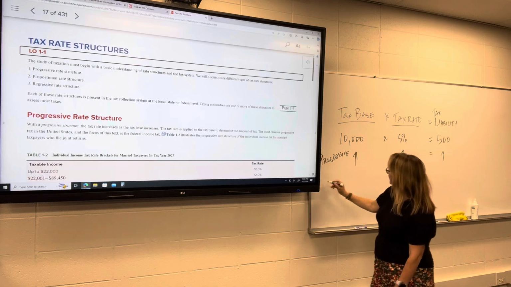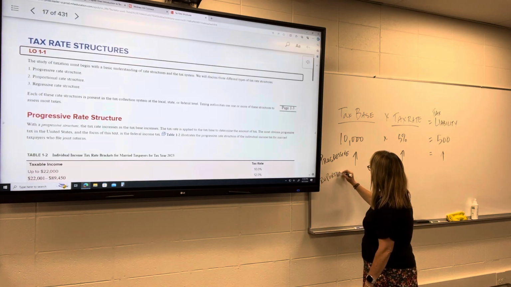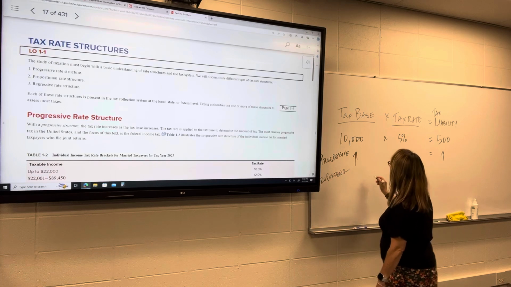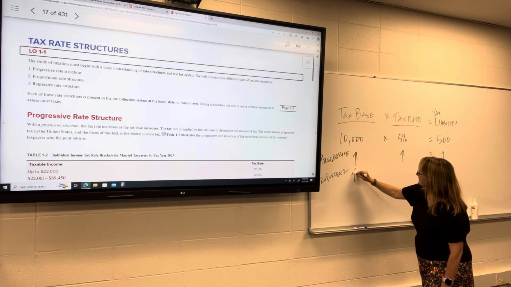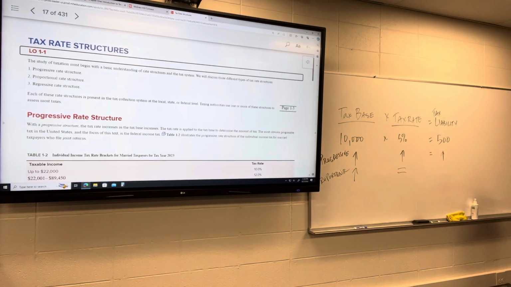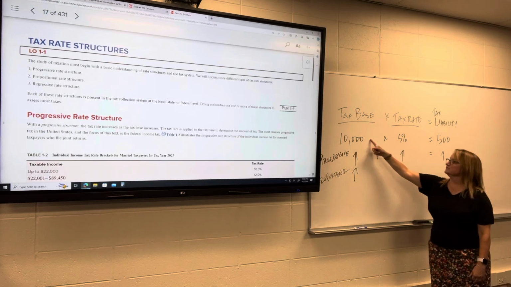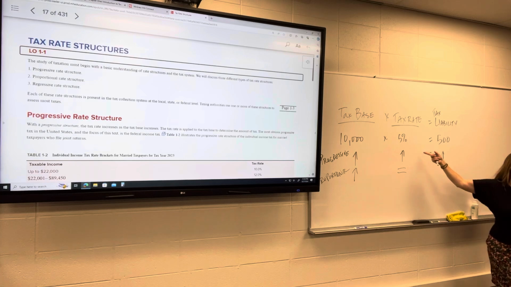When we're talking about proportional, as our tax base increases, our tax rate is going to remain constant. It's not going to change. So if our tax base here was 10,000 and it's at 5%, if it's 100,000, it's still at 5%.